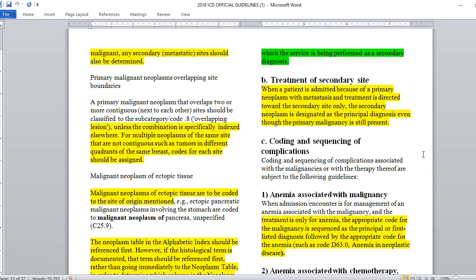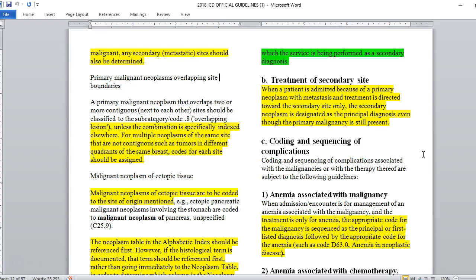So it goes on to tell us that, again, the secondary neoplasm is designated as the principal diagnosis, even though the primary malignancy is still present. Remember, we don't forget that they have other tumors in their body. It just doesn't go first when we're treating the secondary site.